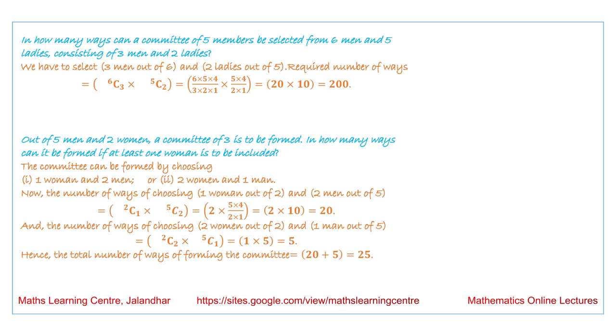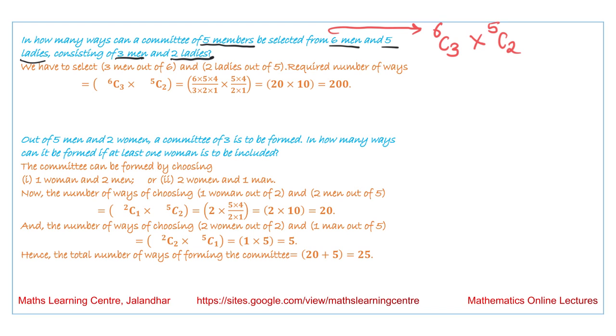Next is, in how many ways can a committee of 5 members be selected from 6 men and 5 ladies, consisting of 3 men and 2 ladies? What we are given is, we have 6 men, out of which we have to choose 3 men. Next, out of the 5 ladies we have to choose 2 ladies.